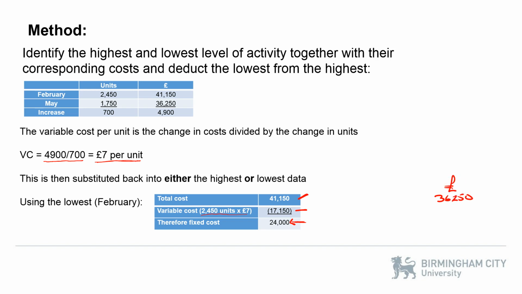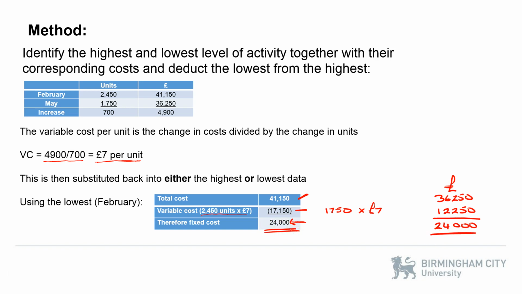The variable cost is the number of units in May, 1,750, times £7 per unit, gives us 12,250. The difference in them two figures is the fixed cost, which is 24,000. So exactly the same as we had worked out.